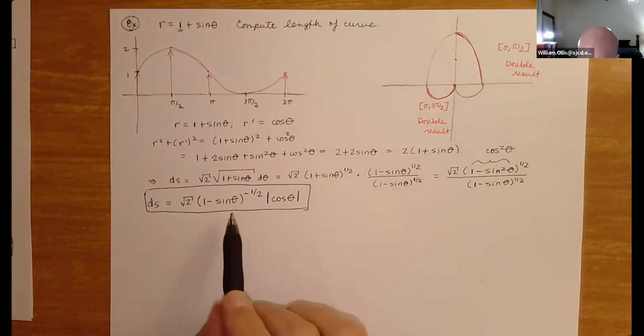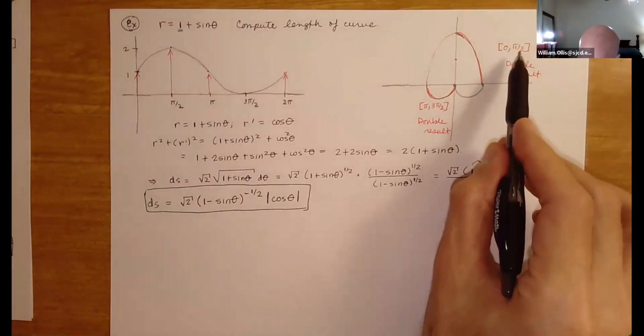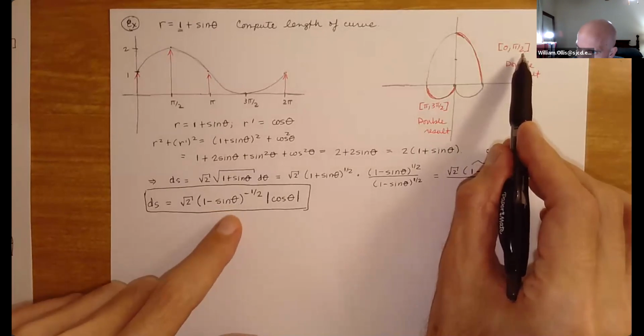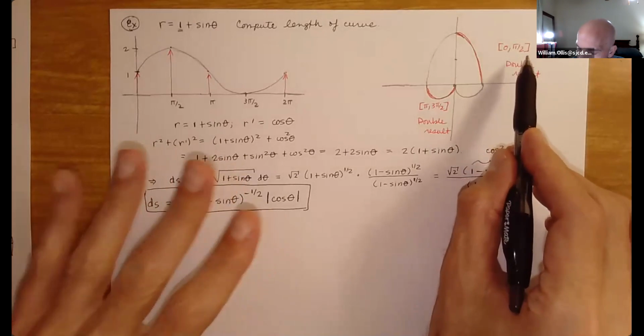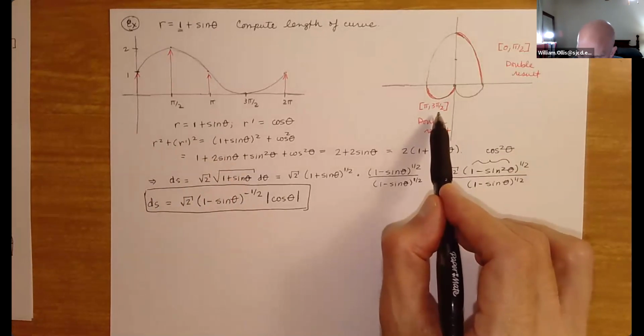Now notice here, we can see that it's actually improper at pi over 2, but we can repair it. You could just mow over this and it'll still work. We can repair it. And here, no issue whatsoever.